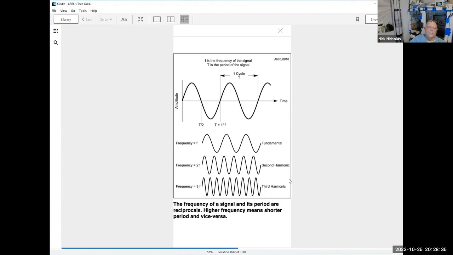So the first fundamental frequency, that's one. The third harmonic, that's three. Five, the fifth harmonic, and the seventh harmonic make a seventh harmonic chord, like an F7.